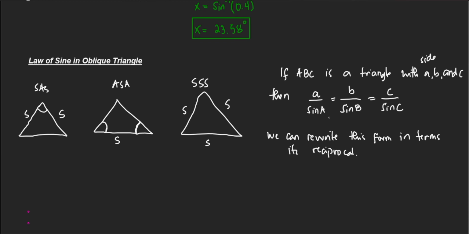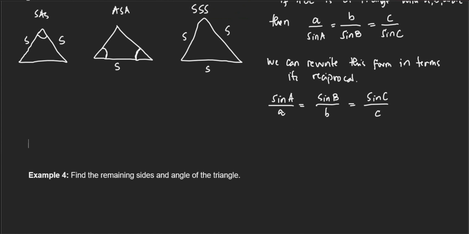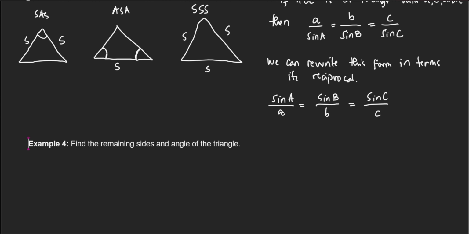So, if the first is a over sine A, if i-reciprocal po natin yan, magiging sine A over a, then sine B over b, then you also have sine C over c. So yun. Now let's try to use this formula para maintindihan po natin kung paano natin gamitin yung formula.